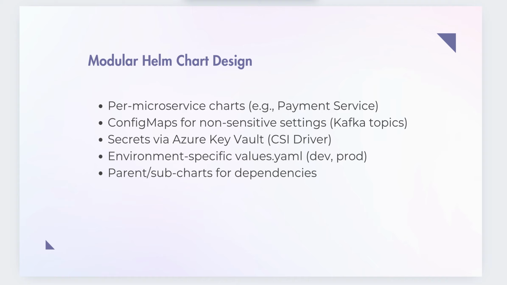Config maps stored non-sensitive data like Kafka topic names, while secrets pulled sensitive data like database credentials from Azure Key Vault using the CSI driver for security.